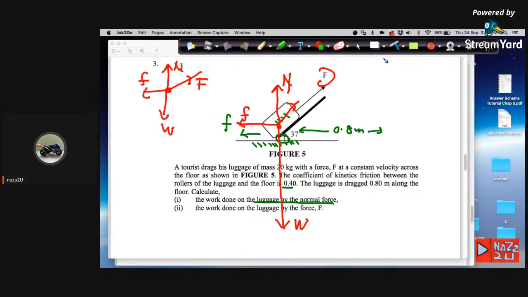So number 1 is a question that asks you to calculate the work done by the normal force. Now, the displacement S is in the horizontal X direction.